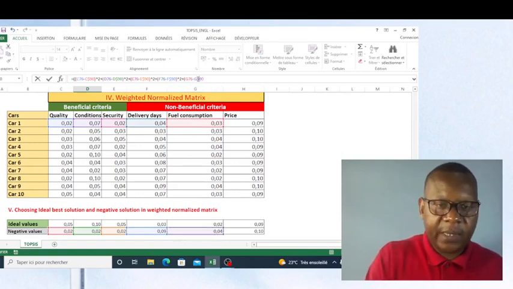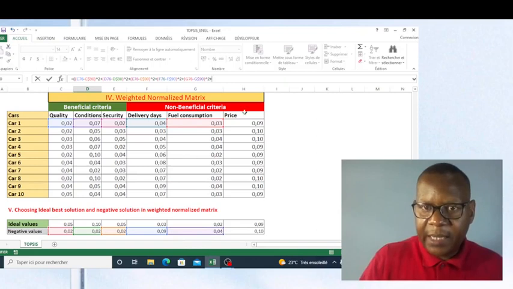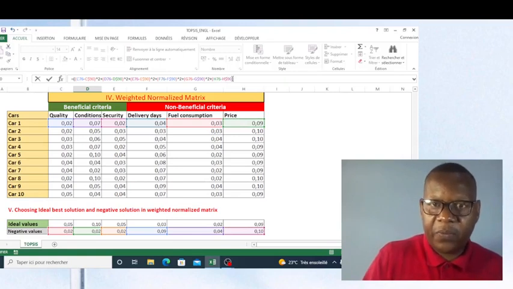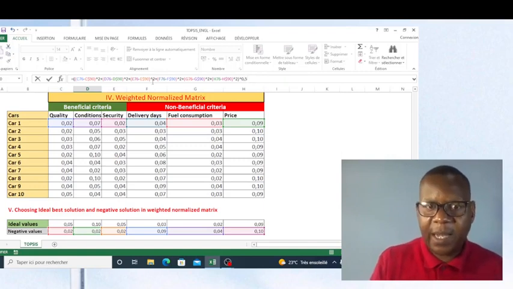I have to fix it like this, and then I raise to the power of 2, plus this value, sorry, parenthesis here, this value minus this value, but I have to fix it like this, and to the power of 2. I close the parentheses, this one which is opened here, and I put raised to the power of 0.5 like this, and I press enter.